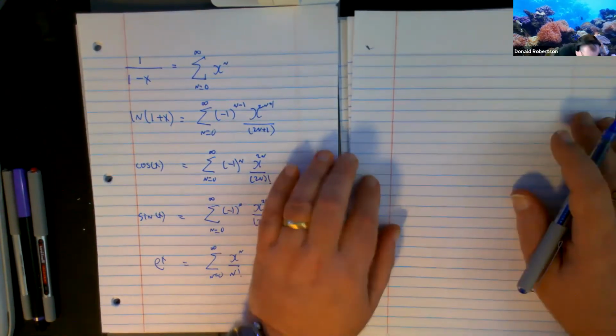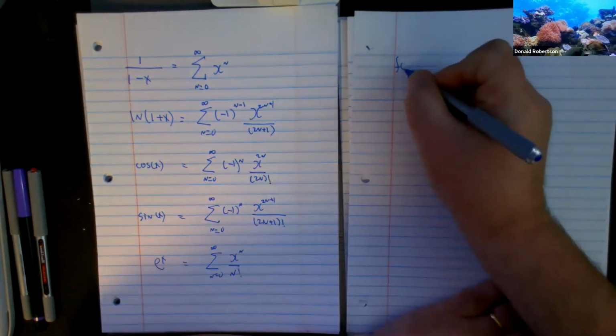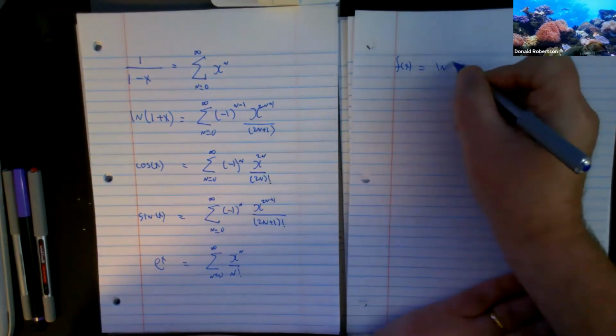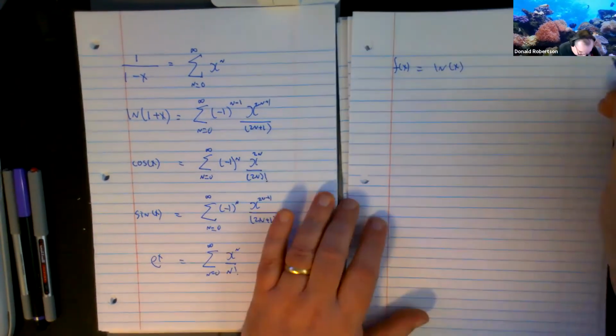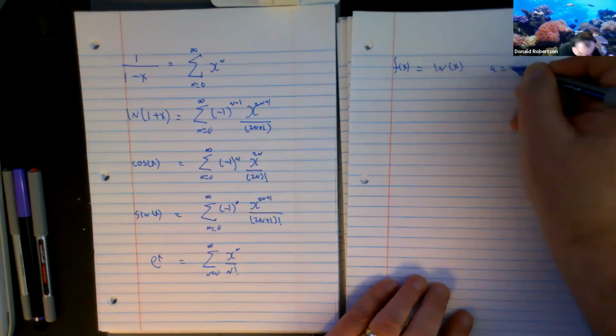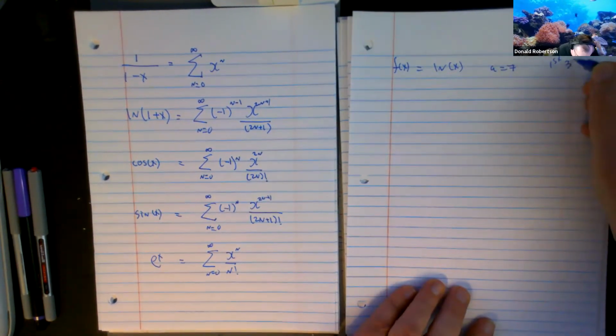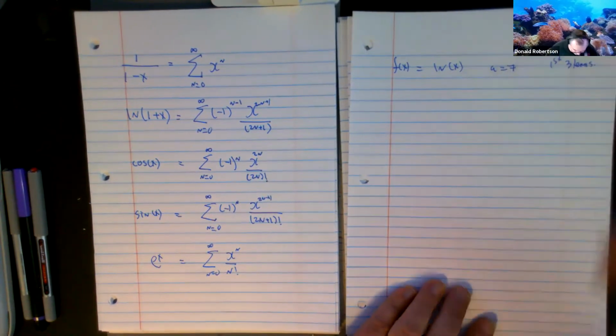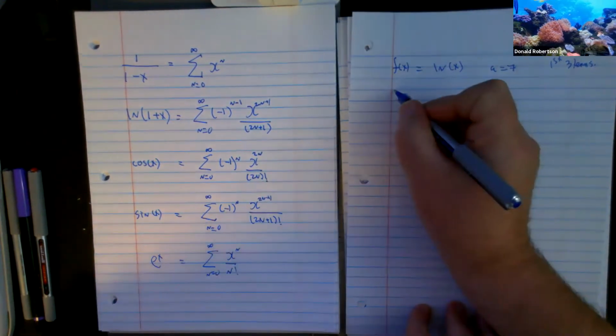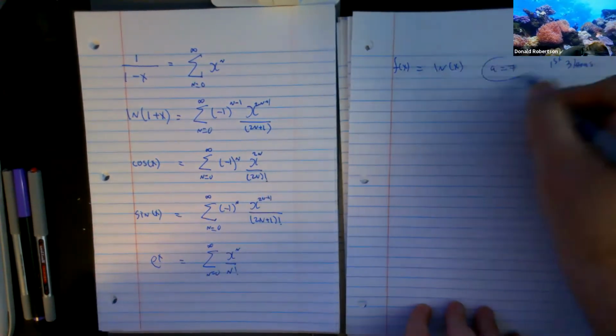How about f of x is the natural log of x, and I'm going to do it centered at 7, and I'm only going to pick the first 3 terms because it takes forever and a day to do that. And we're going to do it, obviously, as a Taylor series.